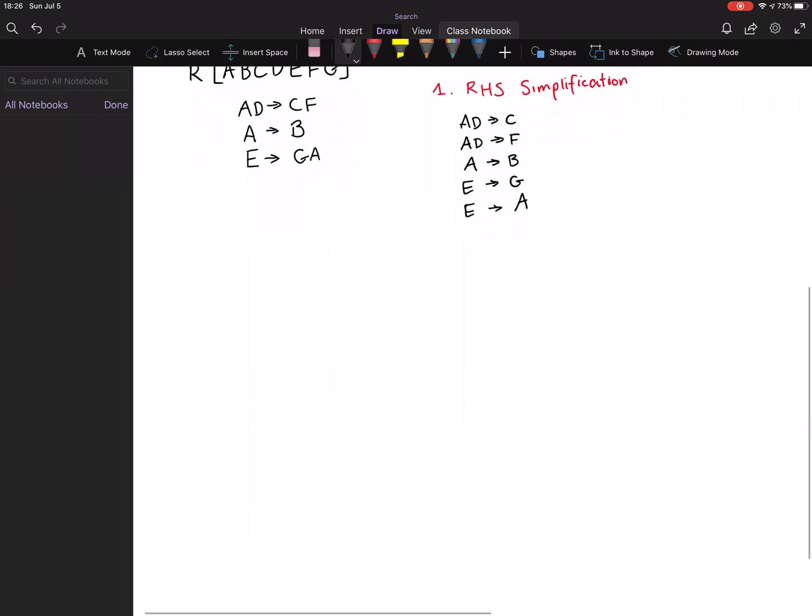Okay, now step two is left-hand side simplification. There is a specific algorithm to this, and that is you have to delete dependencies where there are attributes with no identity closures.